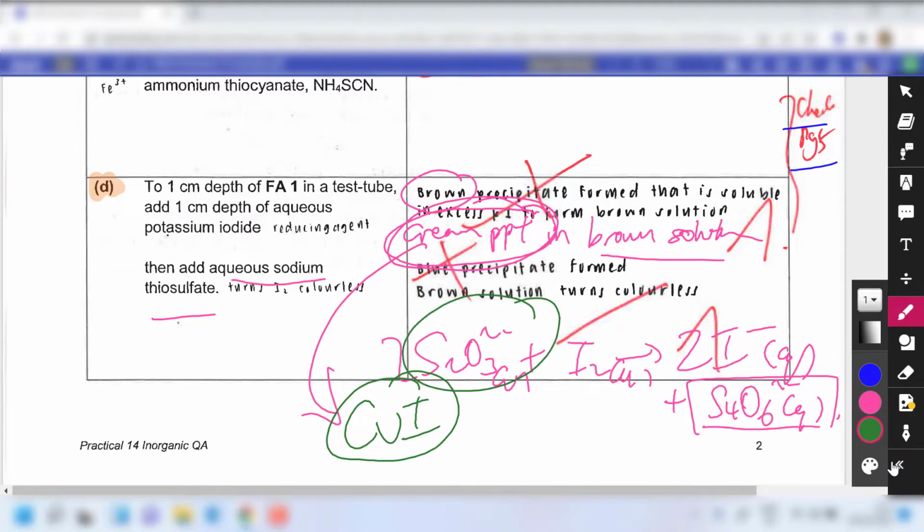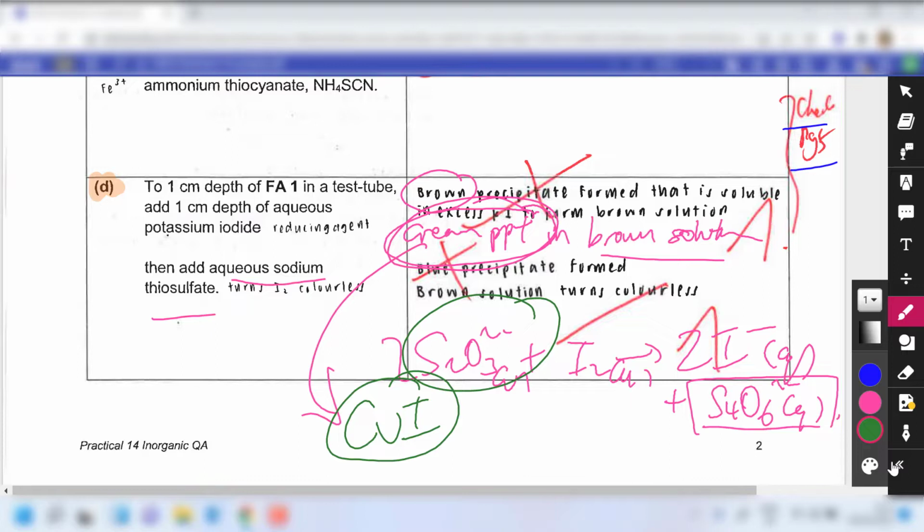If you saw what I did earlier, I took out some of the white or cream PPT and added excess thiosulfate, and it dissolves to give a colorless solution. So a good way when writing the observation is to say the PPT dissolves in excess thiosulfate to give a colorless solution.